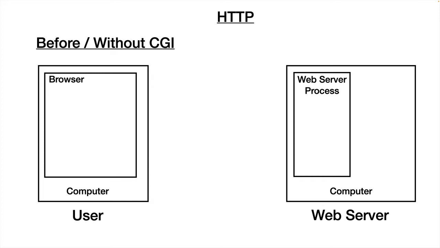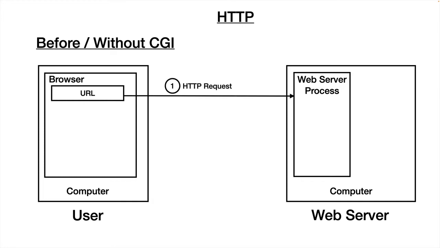So back over on the user's computer, the user types in a URL. And when they hit the go button or hit return, however you signify that you're done typing in the URL, something called an HTTP request is sent to the web server. And we'll look at the format of that request here in a moment.